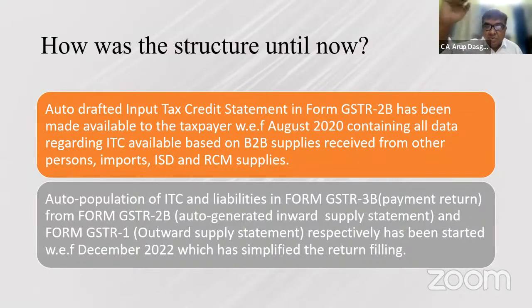We have GSTR 1, the statement of outward supplies. We have GSTR 2B, which essentially is a static auto-populated statement, and it is playing the role of GSTR 2, which would have otherwise played. And basis the GSTR 1, GSTR 2, everything as was envisaged originally.